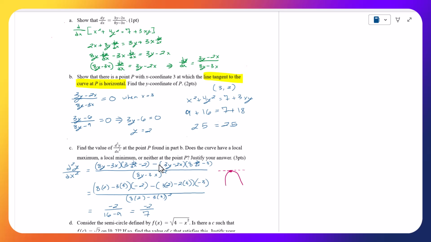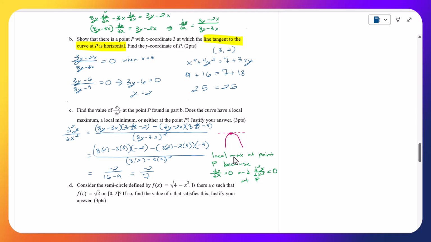So we're going to write local max at point P because dy over dx equals 0 and d squared y over dx squared is less than 0 at P. And there's our justification.